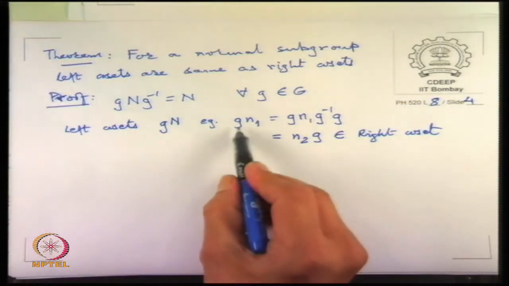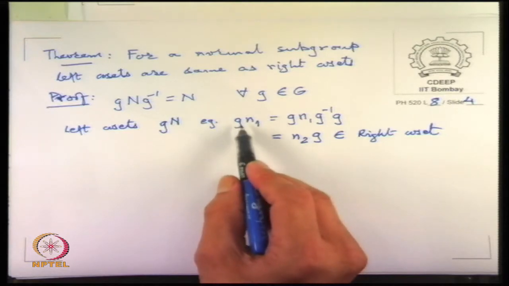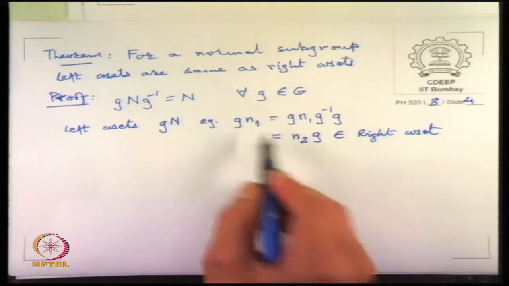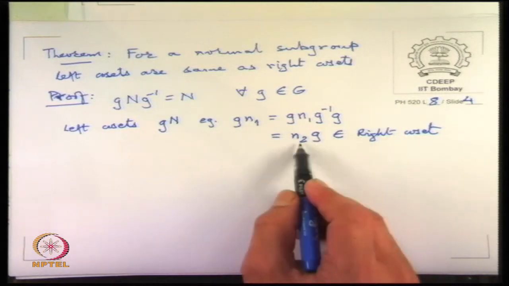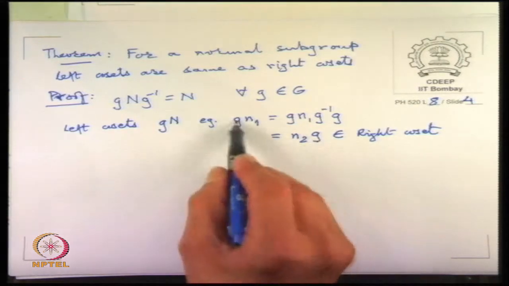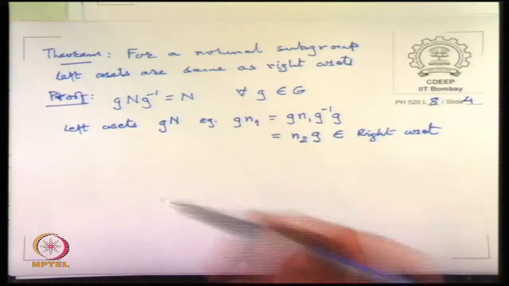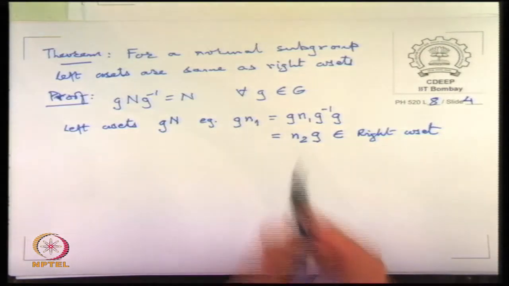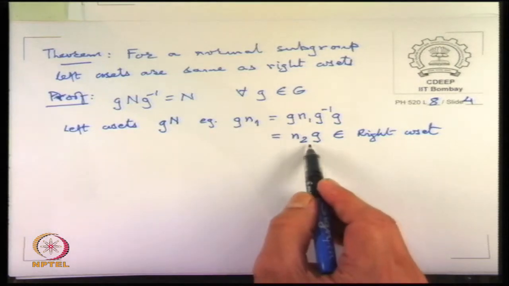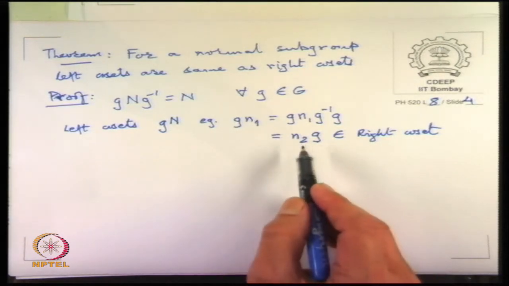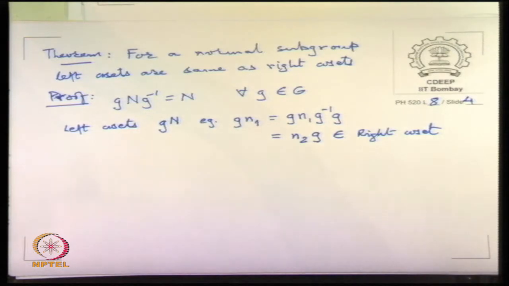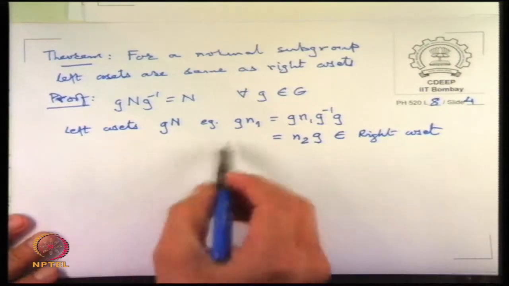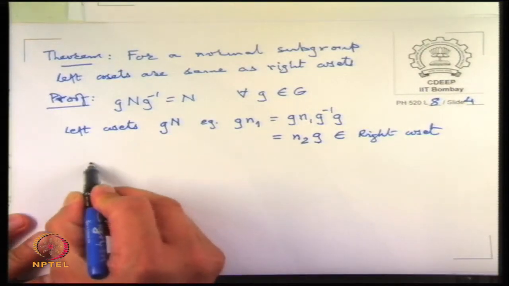Right. If I start with some element G n1, then it is also a member of the right coset formed by the same element G, multiplying the n. So this left coset element is equal to some, the same element of n is obtained through a right cosetting operation and left cosetting operation with the same G. So they basically make sure that all the left cosets will be right cosets.